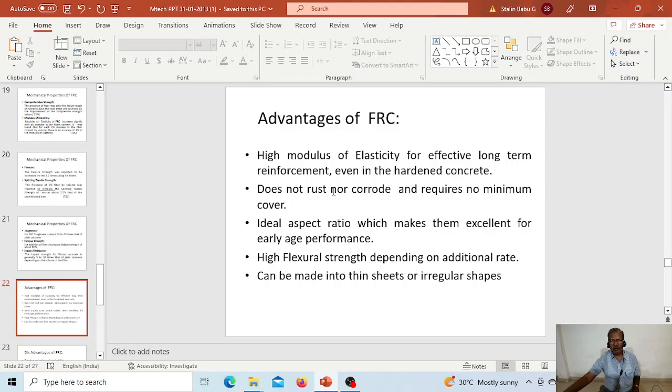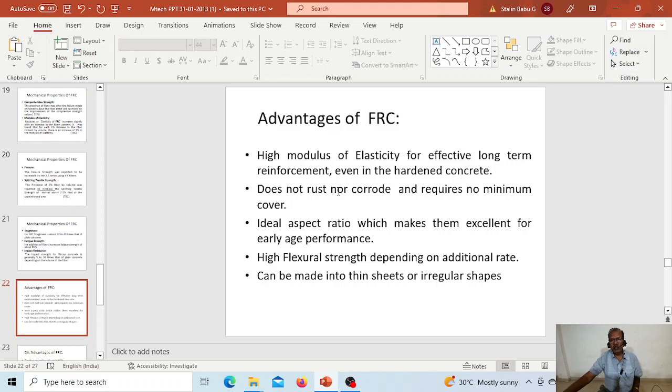When we are having fiber, no minimum cover is necessary. In conventional concrete, for a slab the minimum cover is 15 mm, for a beam it's 25 mm, and for columns we are using 40 mm. When you are adding fiber concrete, we require no minimum cover.